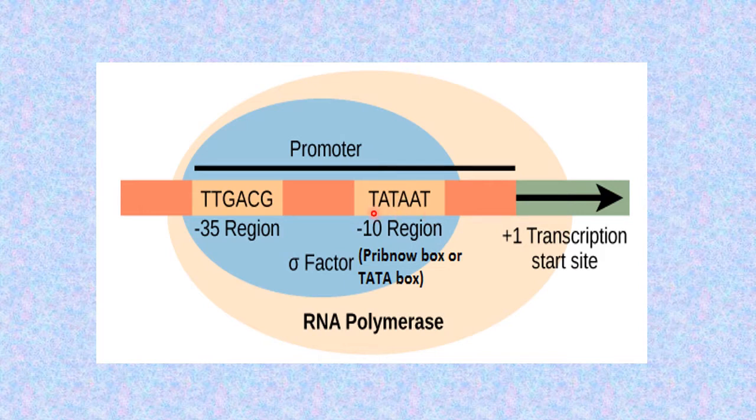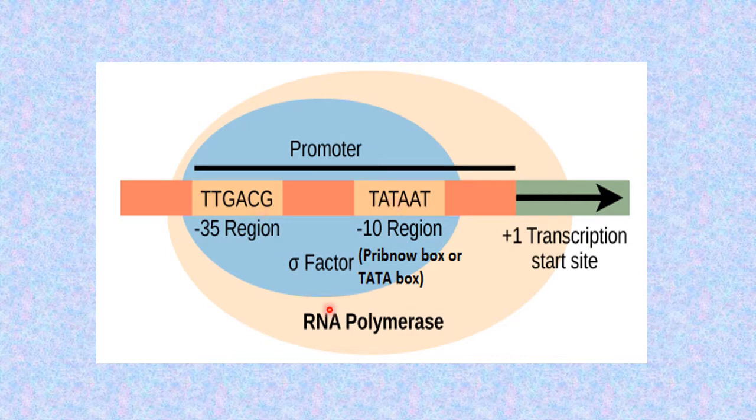Now since this point is rich in adenine and thymine, which we know are joined to each other in the two complementary strands of the DNA duplex by means of double bonds, this is the weak point, and it is easy to form the transcription bubble at the point that is rich in adenine and thymine nucleotides.